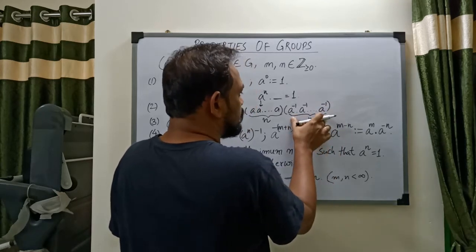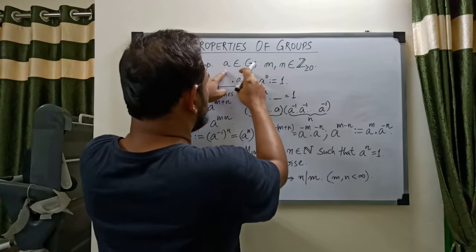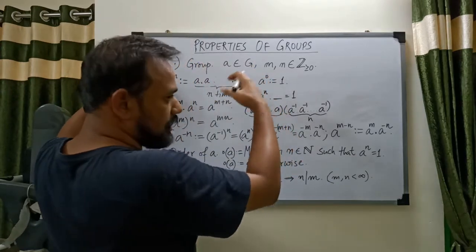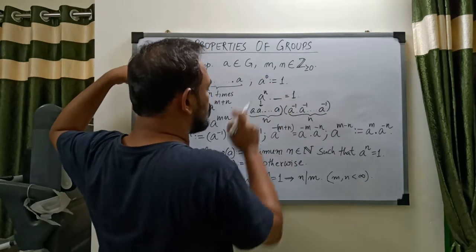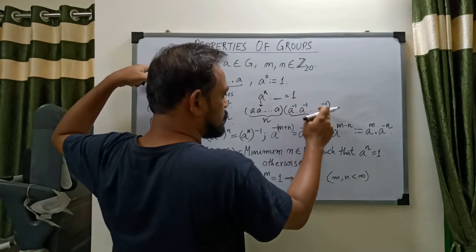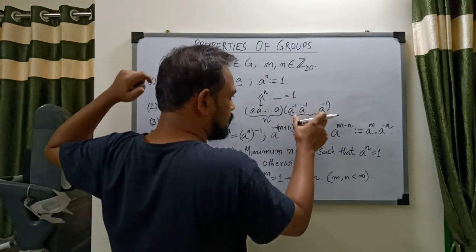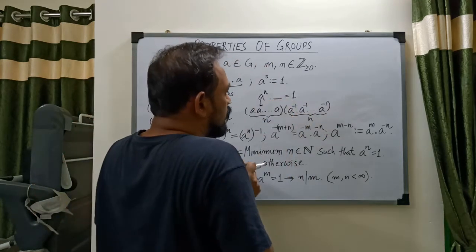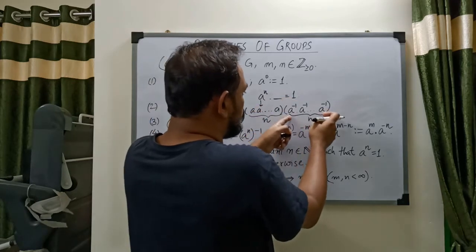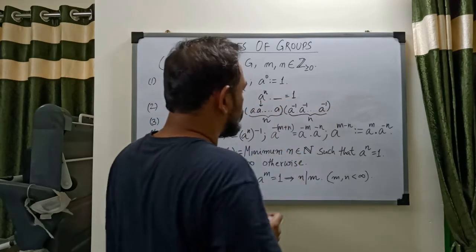Of course this will be an element because a is an element of G, a inverse is an element of G, again because G is a group. So this is a valid element of G. So I put that together n times, and therefore the whole thing will be an element of G, which is the one I'm looking for. And I'm claiming that this will be what I have to put here to get 1. Let's see.